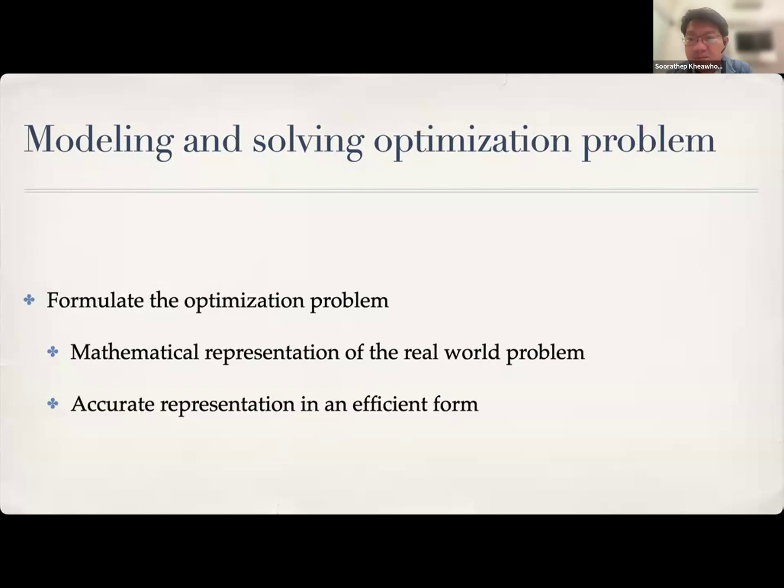Efficient form means you need a mathematical representation which is easy to solve. If it's too difficult to solve, we have a problem, right? So you have to trade off between accurate representation and efficient form.